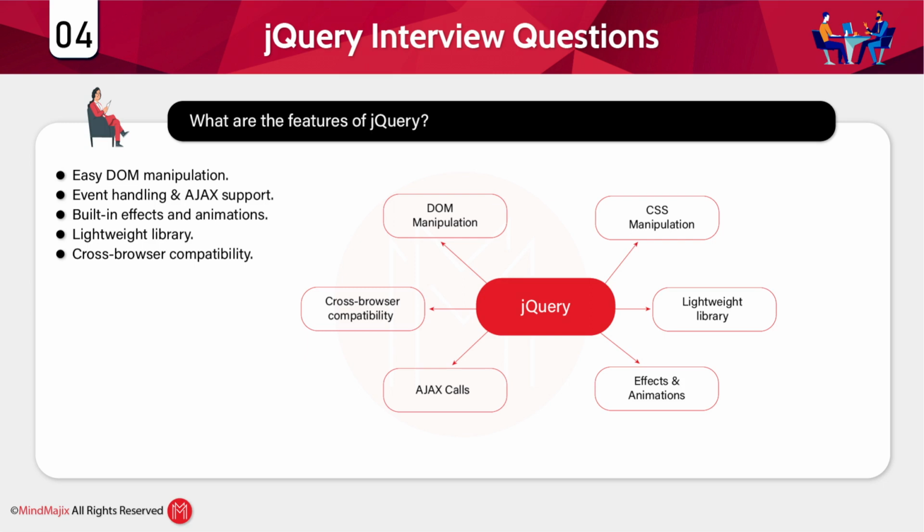And the last one is cross-browser compatibility. Cross-browser compatibility means that jQuery can run in any of the browsers. The jQuery community is working very widely on these jQuery libraries so that they can work on all the major browsers.